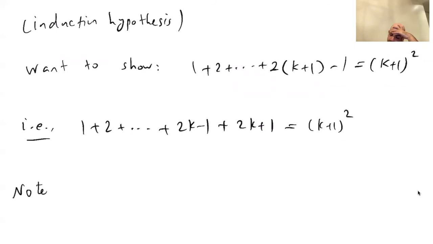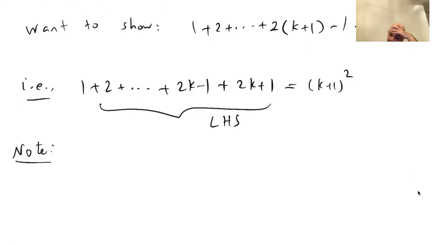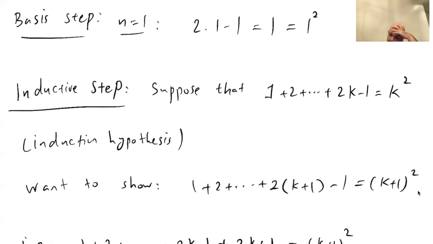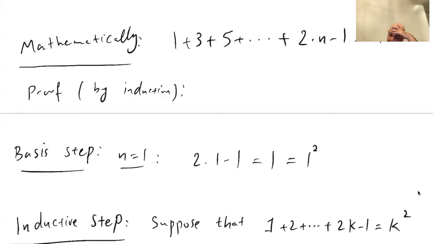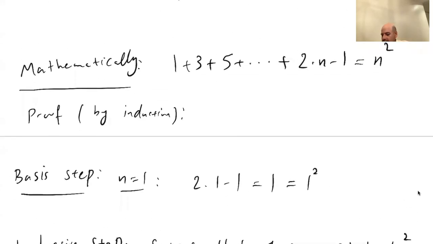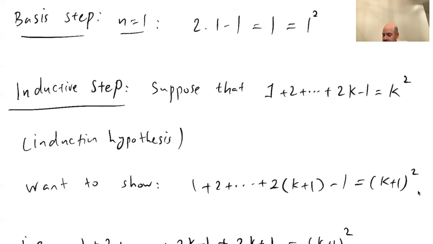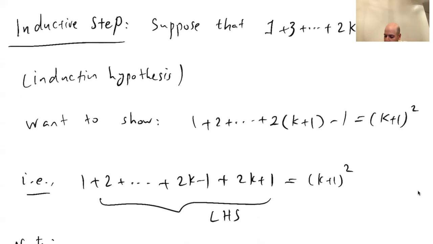Now note that if I start with the left-hand side, it is equal to 1 plus 3, because we are looking at the odd integers. First k odd integers. So the first one is 1, and then 3, all the way to 2k minus 1.